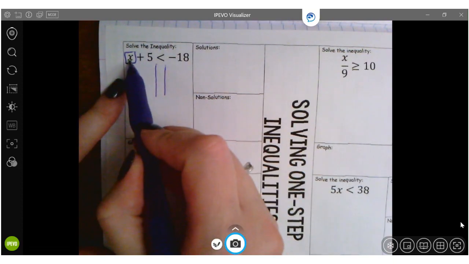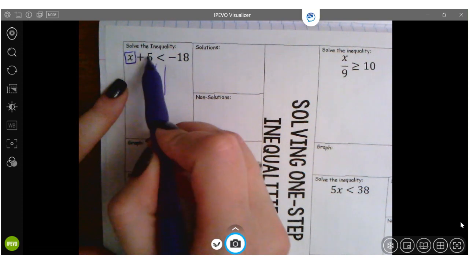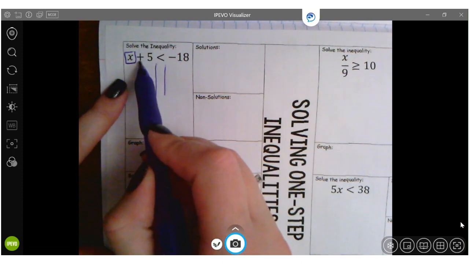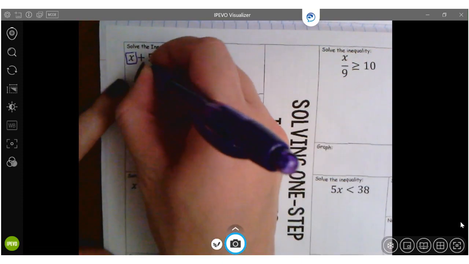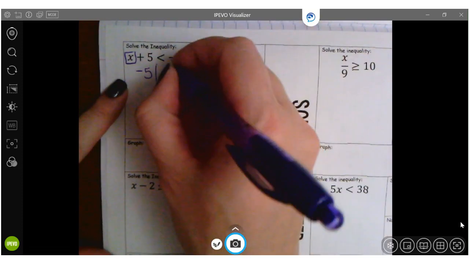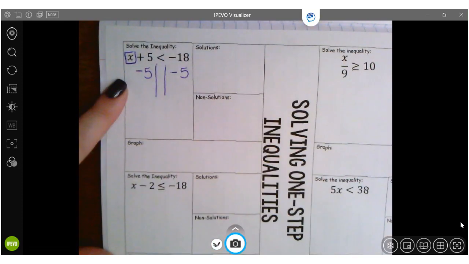And I want to do the opposite operation of adding that 5 because I want to get the x by itself, just as if I was solving an equation. So the opposite of adding 5 would be subtracting 5. So I would subtract 5 from the left. I then have to subtract 5 from the right.